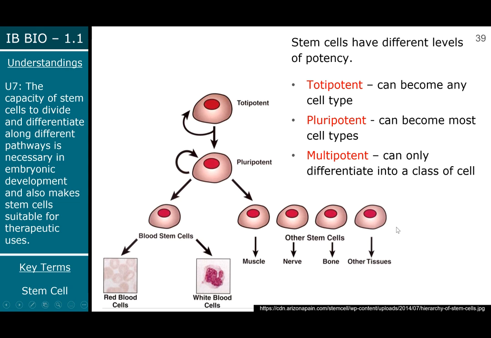Now you can kind of think of it as like going to school, right? So when you're in kindergarten and elementary school, your future could be anything. You could be anything you want when you grow up. By the time you graduate high school, you kind of have a good idea. Are you going to be a humanities person? Are you going to be a science person? Are you going to be a business person? Are you going to be an arts person, right? Maybe you've ruled out being an astronaut, but your options are still open, right?